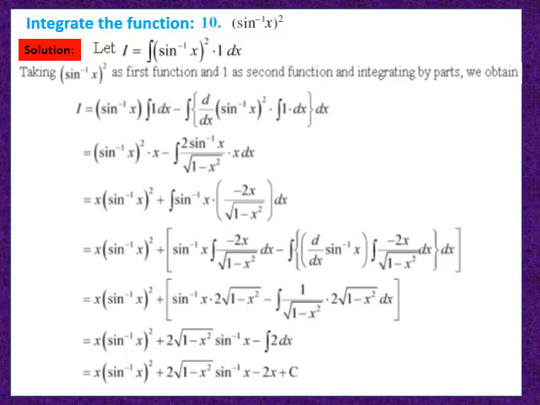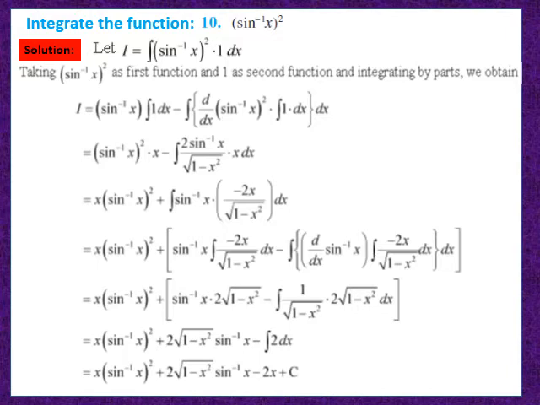So after simplification this is giving x sin inverse x whole square plus, in the bracket, we again get the integral of sin inverse x into minus 2x upon under root 1 minus x square dx, and again the integral of d upon dx sin inverse x into 2x upon under root 1 minus x square dx.